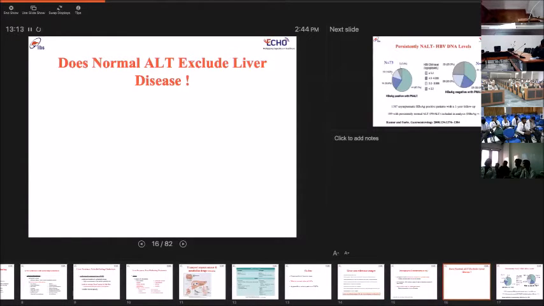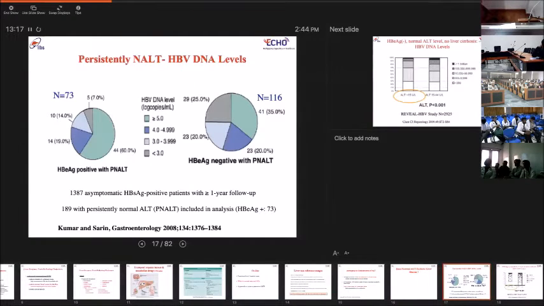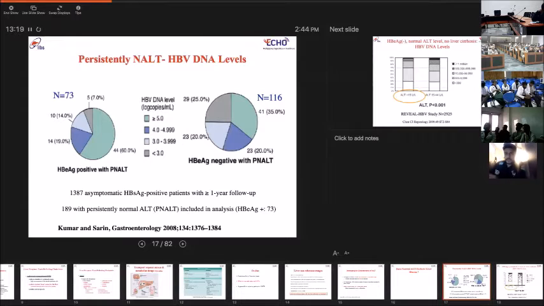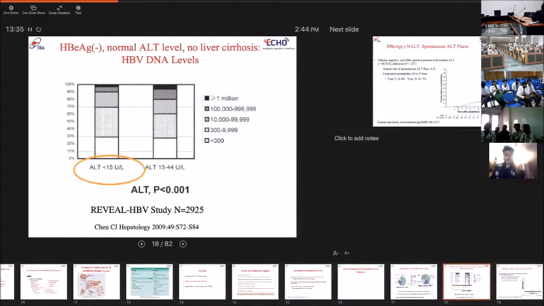If a patient has a normal ALT, does it exclude liver disease? Usually no. This was a study published in Gastroenterology, and it showed that despite a normal ALT level, a patient could have a higher DNA level, meaning the DNA load could be high.